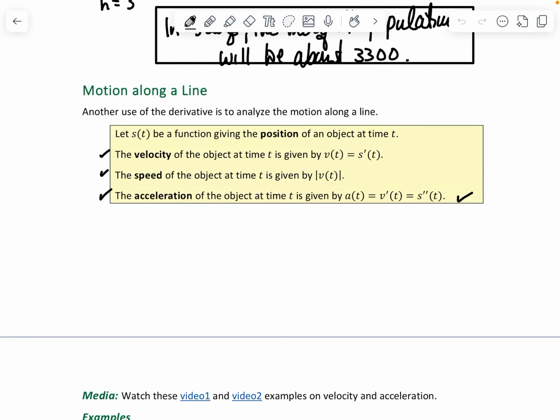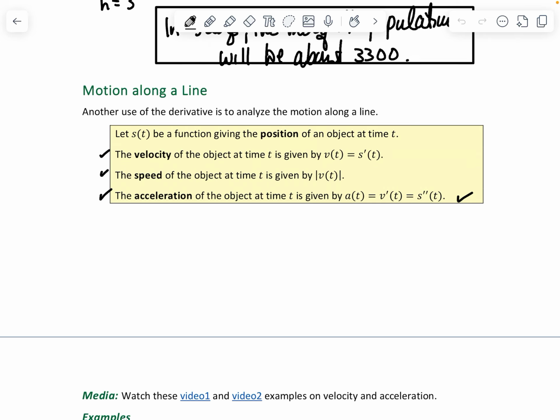Okay, we are looking at derivatives as a rate of change, and the last topic that we need to talk about is motion along a line. So in this section, we are looking at velocity again: velocity, speed, and acceleration.